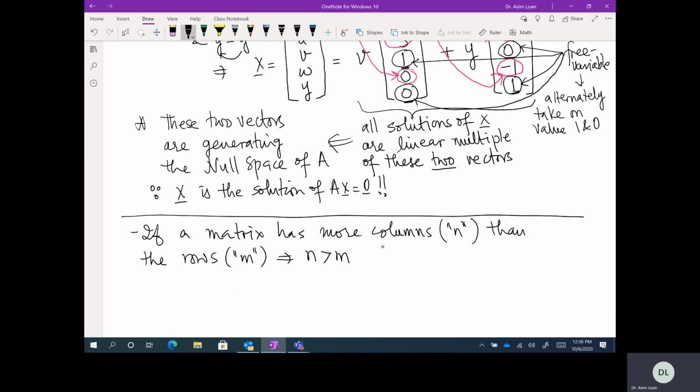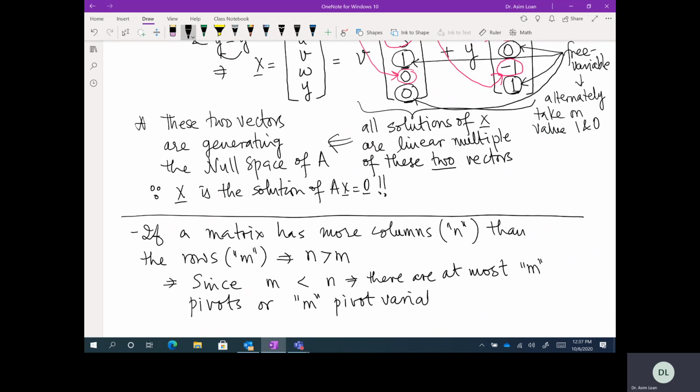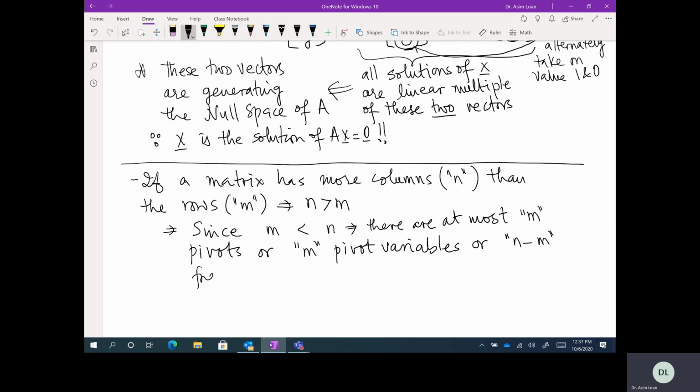If a matrix has more columns n than the number of rows m, since m is less than n, this implies there are at most m pivots, or m pivot variables, or n minus m free variables.